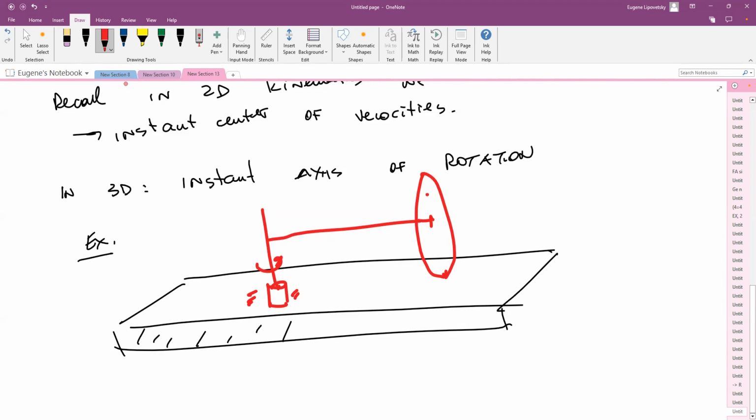Okay. This point will be moving this way, right? So therefore, the wheel will be rotating about this axis like this. That's the axis. This radius r, okay?